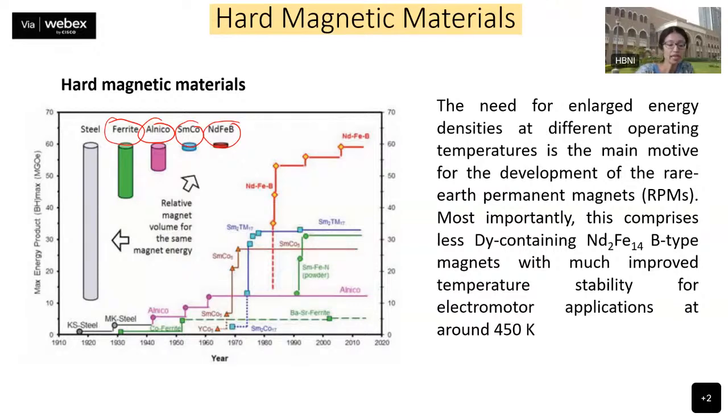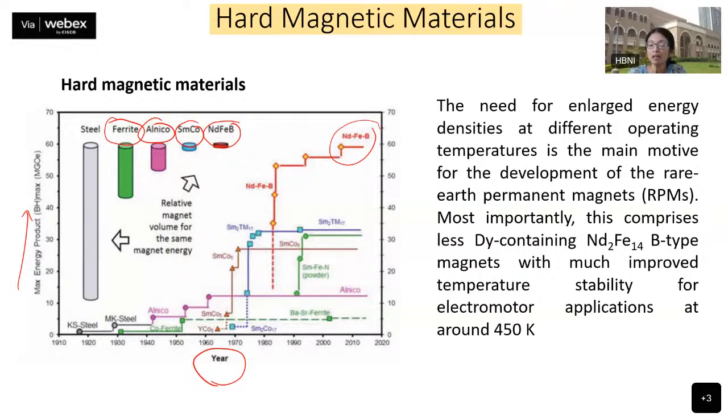So what we are looking at over here, if you look into this graph, is the maximum energy product, that is BH, and the year of development. If you look, gradually when we started in 1900, 1920 or so, it was steel, and currently, in 2010 and 2020, it is basically the NdFeB kind of materials. So what is the need for these enlarged energy densities?